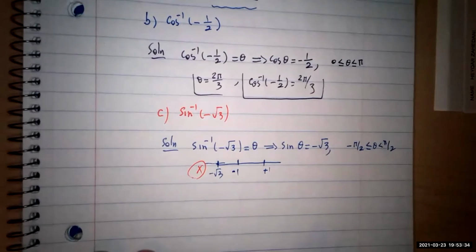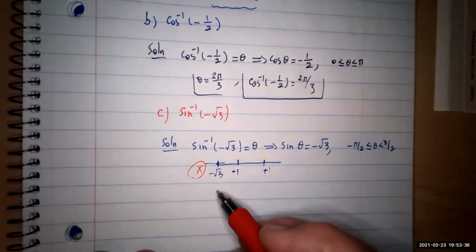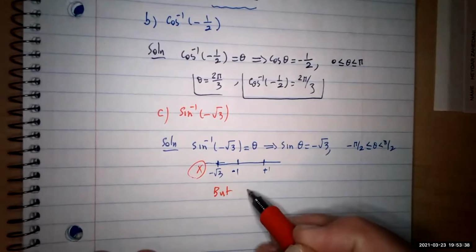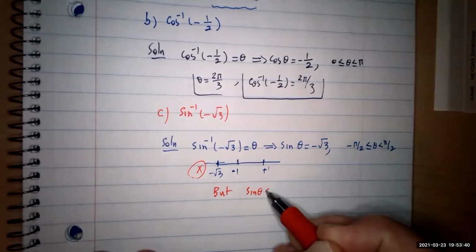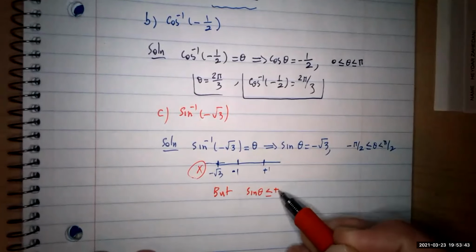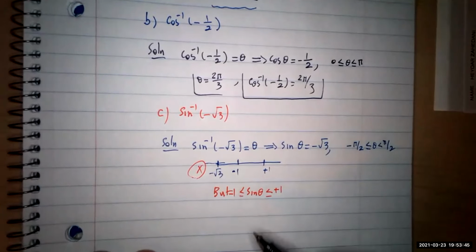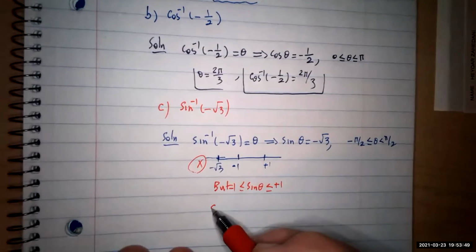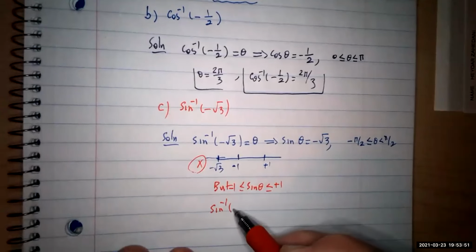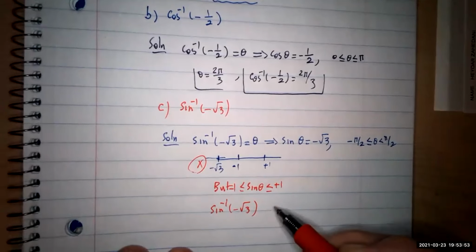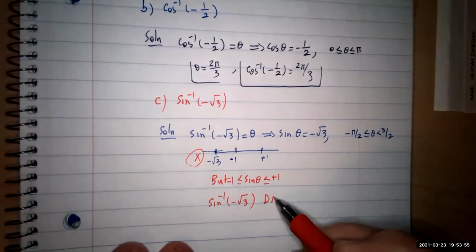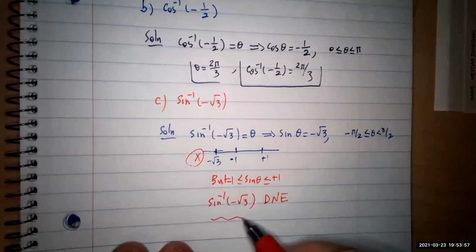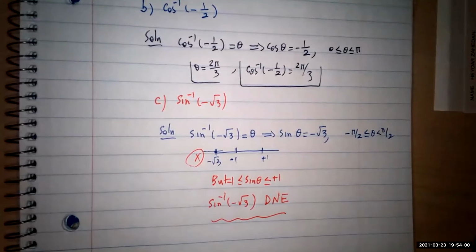You say, the sine of any angle must be between +1 and -1. So sine of theta equal to negative radical 3 has no solution. Sine inverse of negative radical 3 does not exist. So be careful in the case of the sine and the cosine.